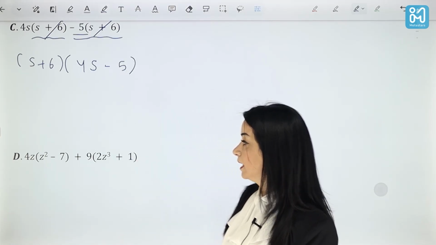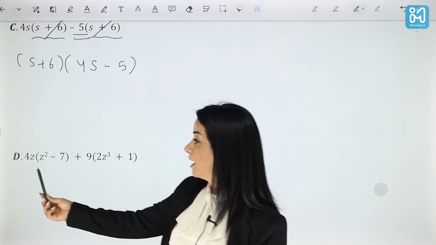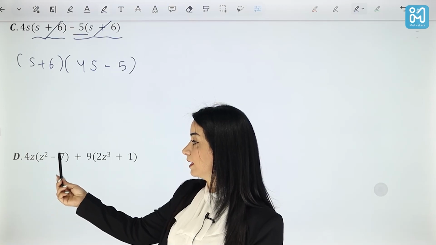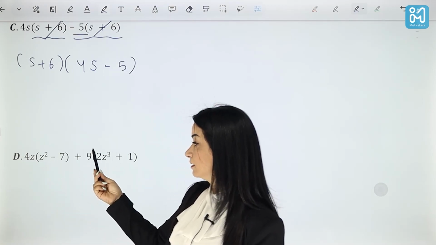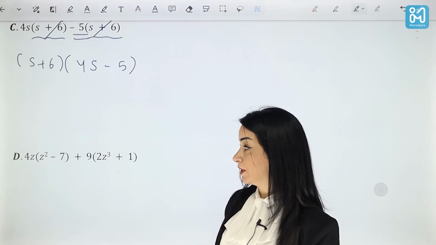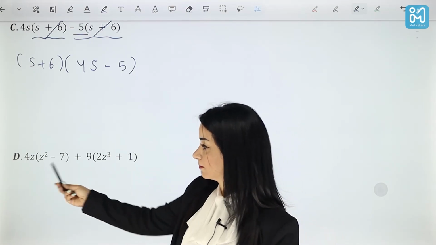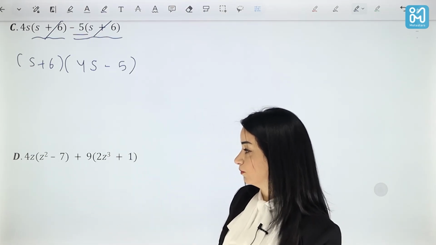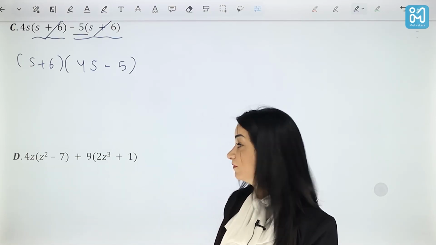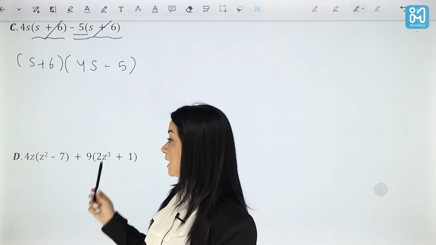Okay. Now, let's see. I have 4z times z squared minus 7 plus 9 times 2z cubic plus 1. Do I have this here as a common factor? No. They are totally different. I can't take them out as a common factor. What about 4z and 9?